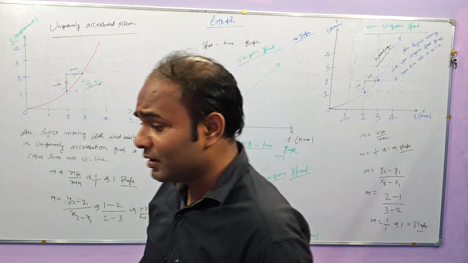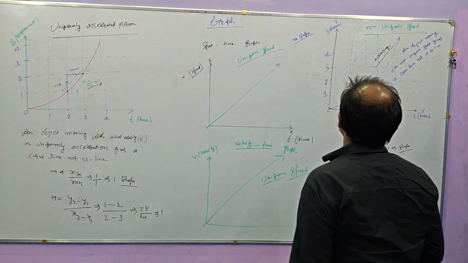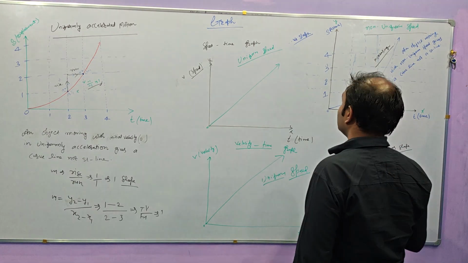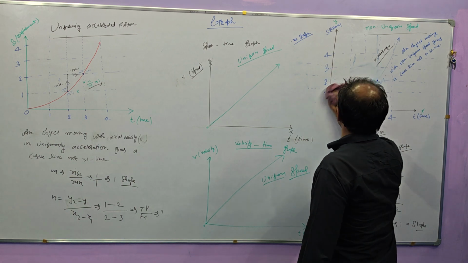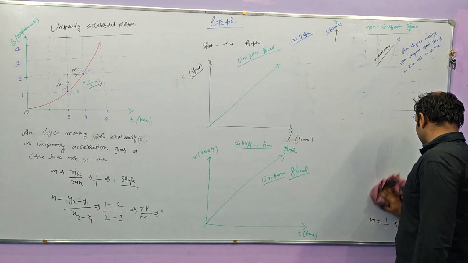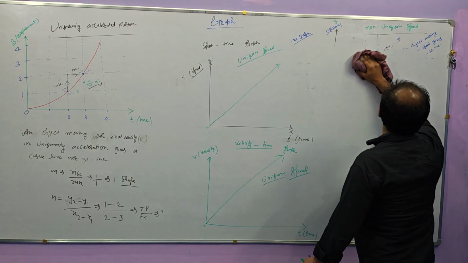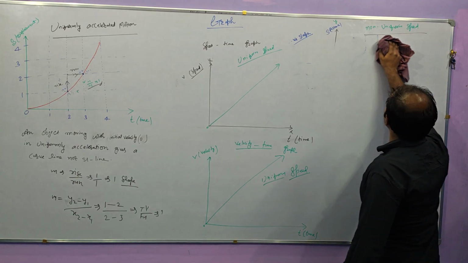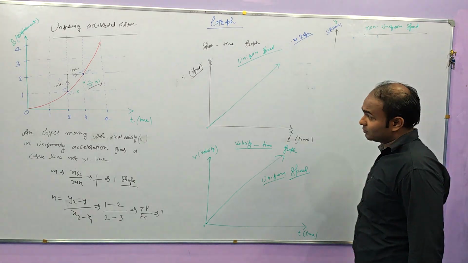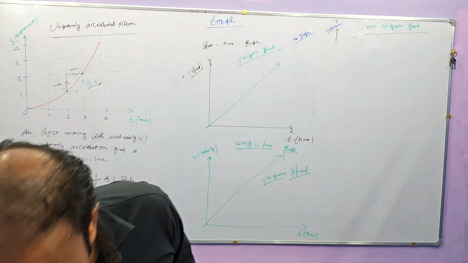Now, when we talk about non-uniform speed and non-uniform velocity, we get a curve line.